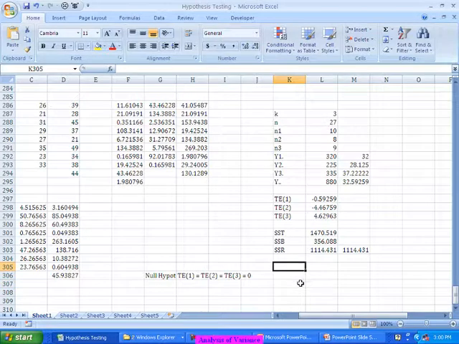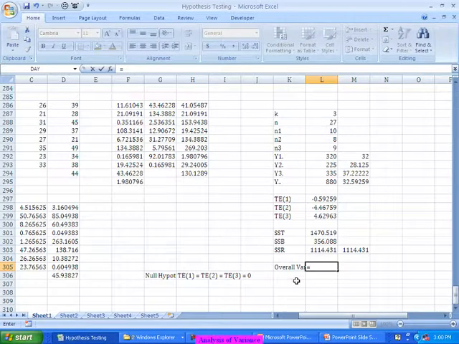For that, what is it that we are doing? We are finding out what is called the overall variance, and that overall variance we are simply calling SSR divided by n minus k. N minus k is 27 minus 3, 24.